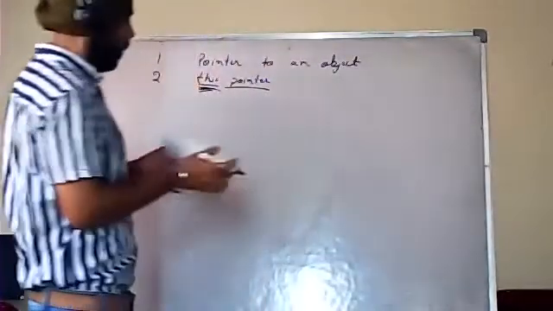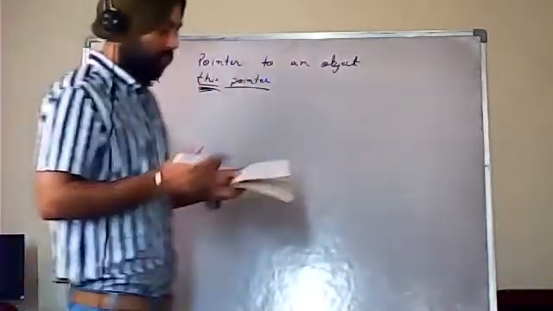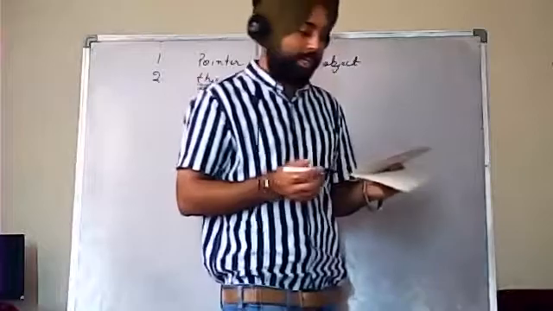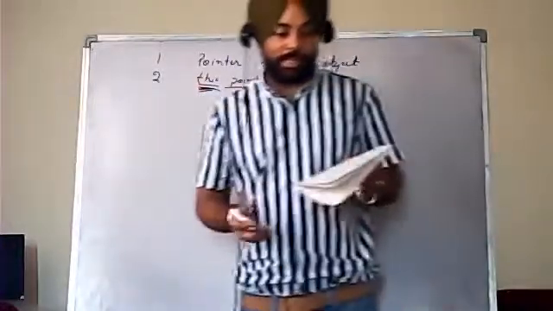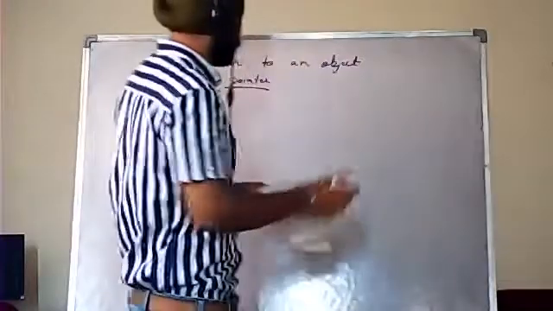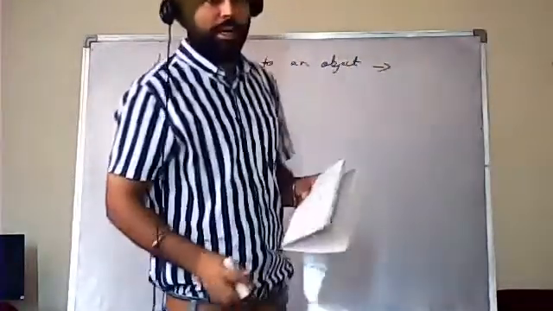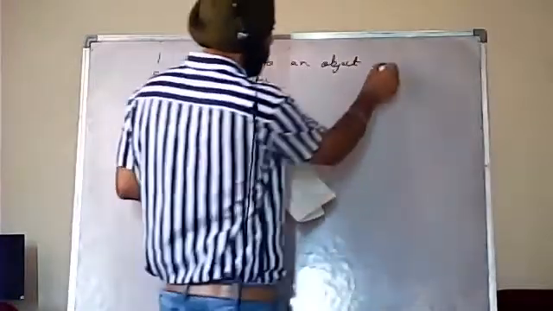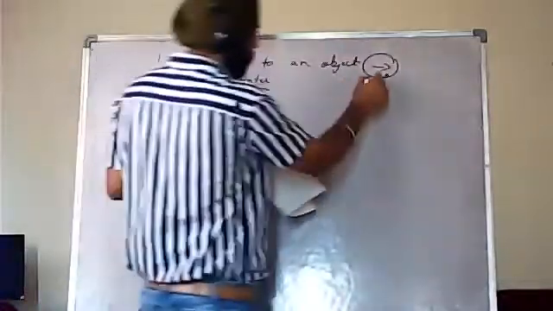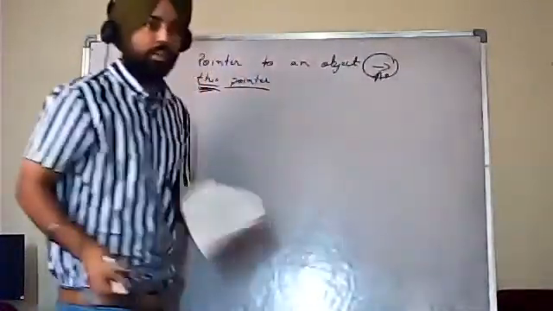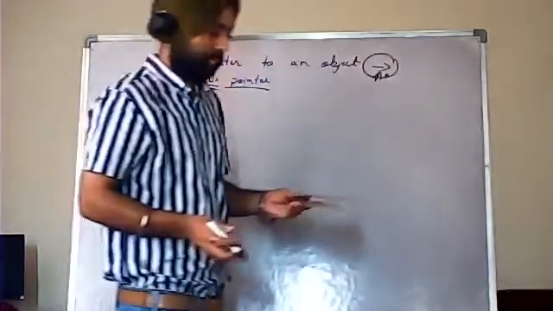So pointer to an object means that once a pointer is initialized with the address of an object, its member functions can be accessed using the arrow operator. This operator is specifically used when we are talking about a pointer to an object.